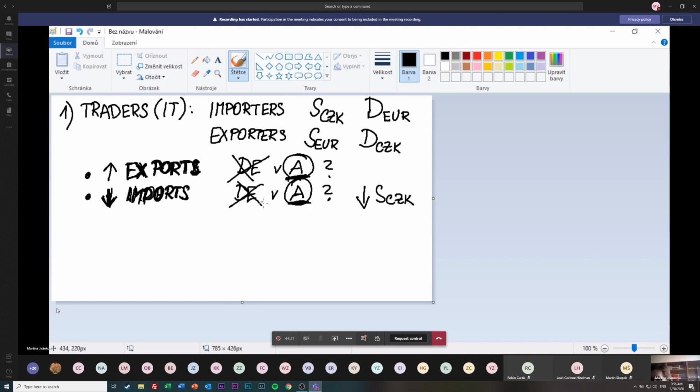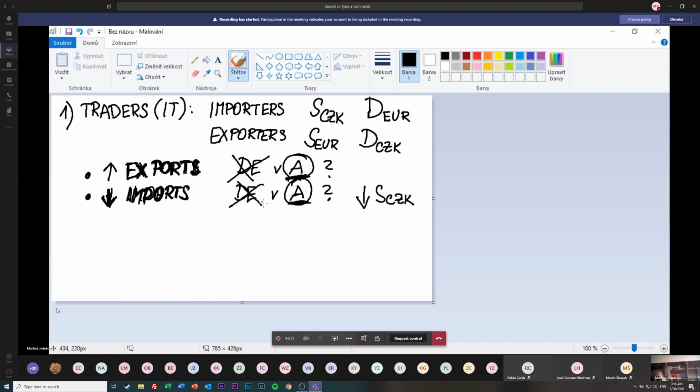The first situation is that there is an increase in GDP in Germany. What does it mean for the Czech crown? You should know that the majority of our exports goes to Germany.